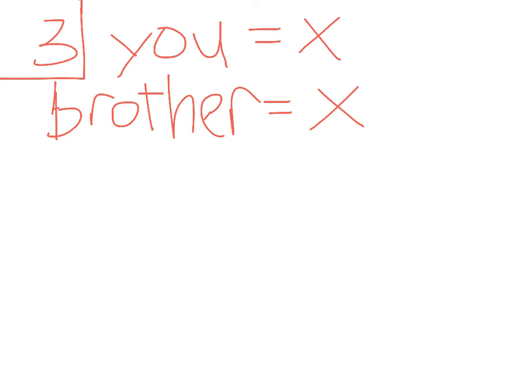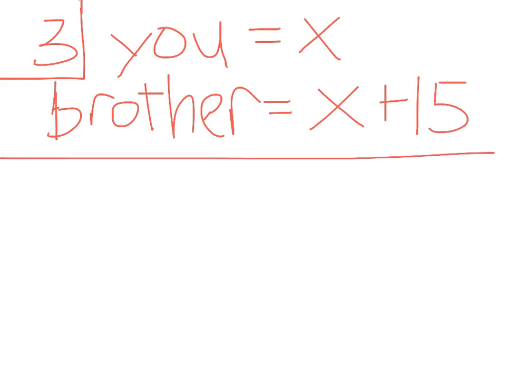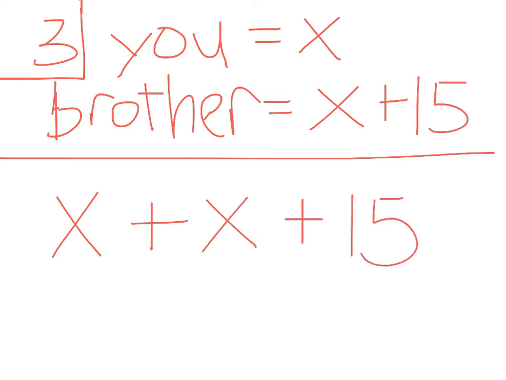And then your brother has what you have plus an extra 15, because he has 15 more. The question is asking how many total cards there are. To get the total, you would add how many you have plus how many he has, which ends up being this weird little expression. You're adding your amount, and then you're adding his amount.